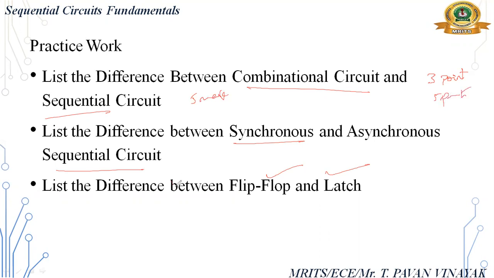If it is for 10 marks, I don't think they will give 10 marks, maximum 5 marks. So try to evaluate 5 points for each one: flip flop and latch, synchronous and asynchronous, combination and sequential.